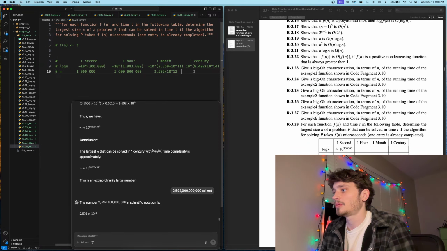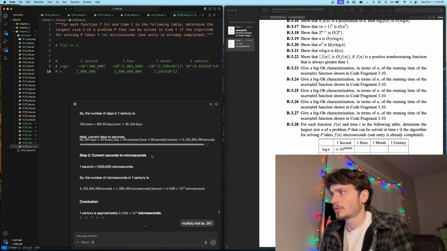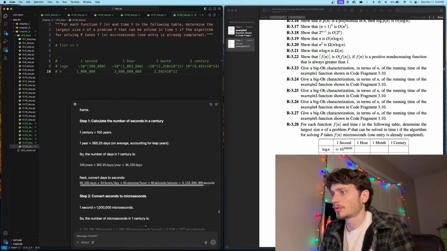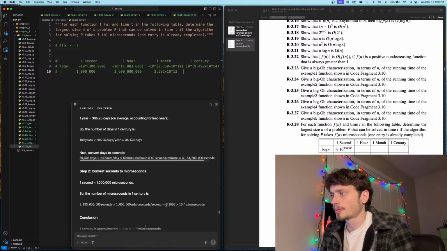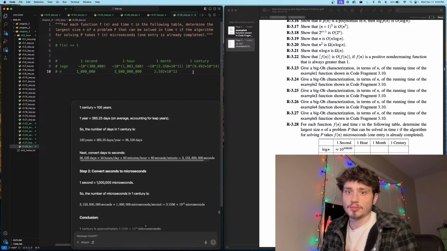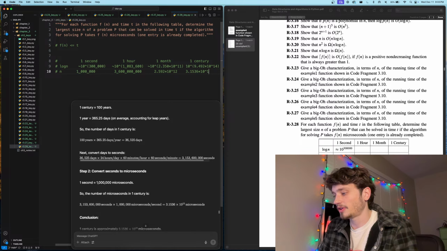And then 1 century would be this. Why can't I just copy this one line? Why are you making me copy everything? .1536 times 10 to the power of 15.